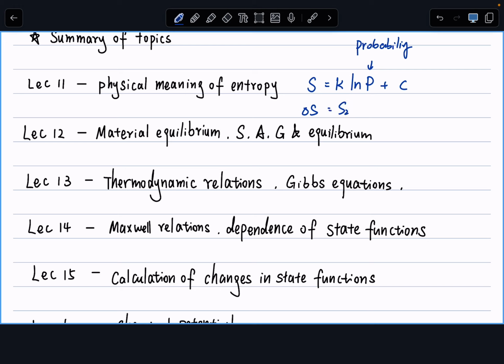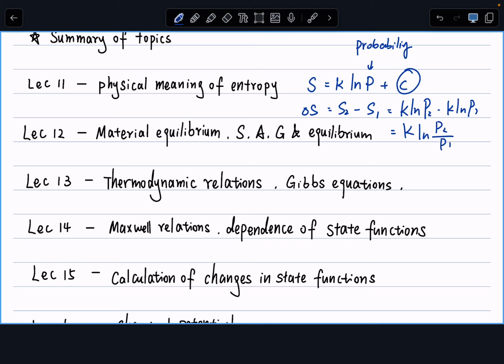So we're talking about S2 minus S1. So this C will cancel out. We get K ln P2 minus K ln P1. Since we're looking at the natural log, you write it as K ln P2 over P1.